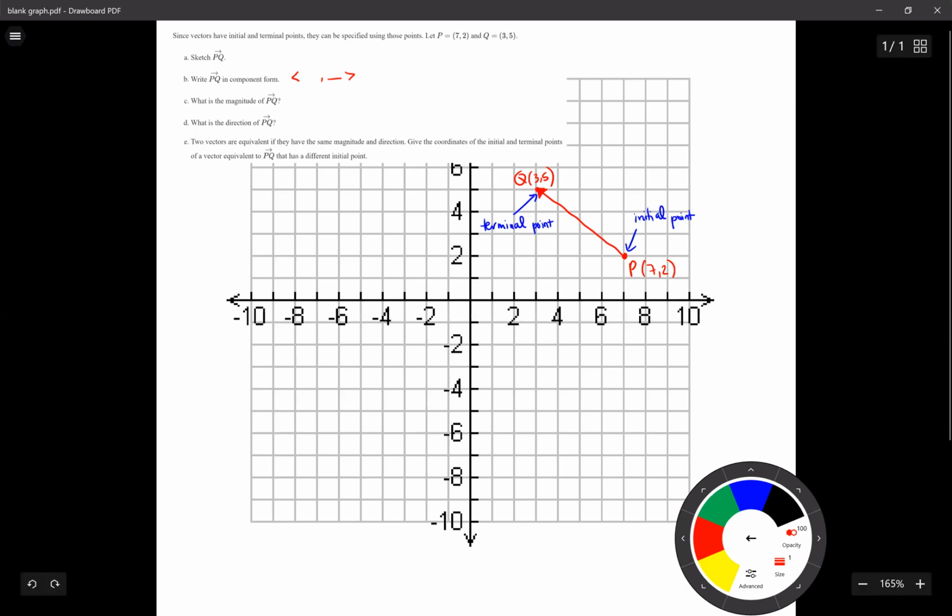So I will have X and Y. X means you move to the left or right, and Y means you move up or down. So how do we describe the component form of a vector? Oh, thank you, Aiden, for providing that: X2 minus X1 and Y2 minus Y1.